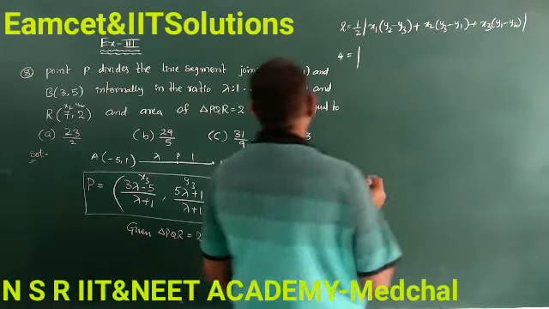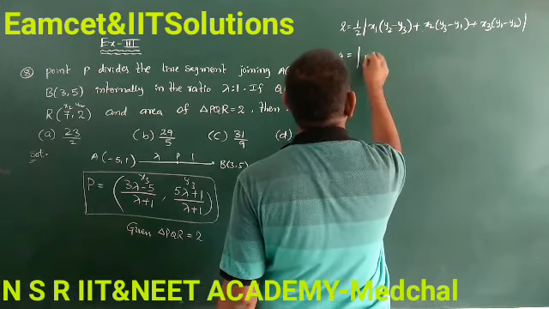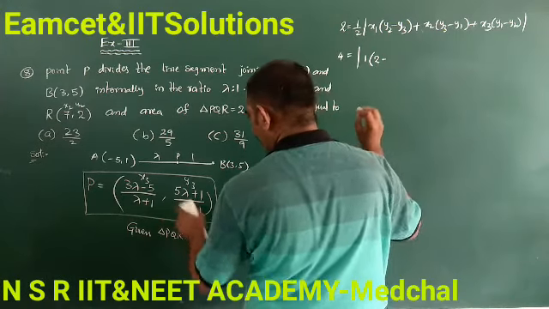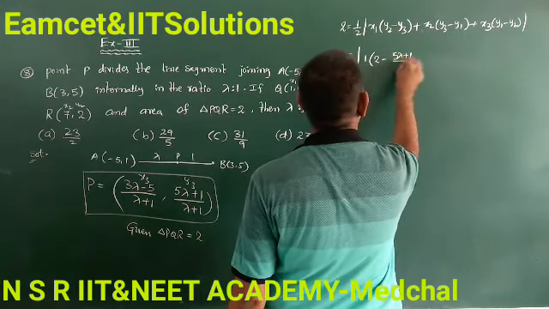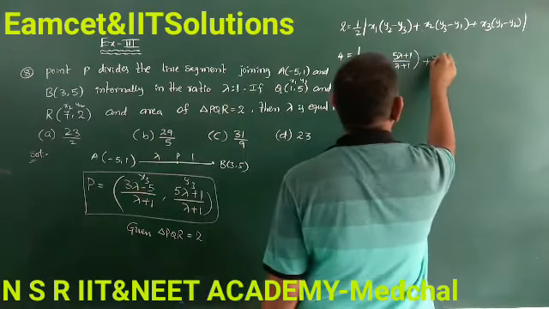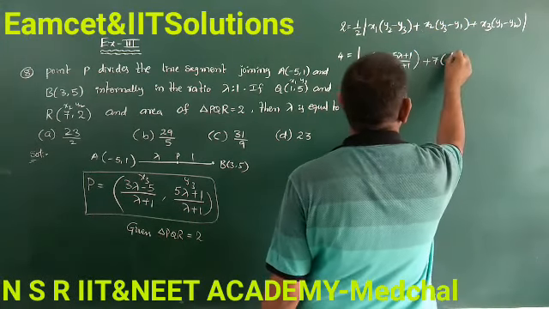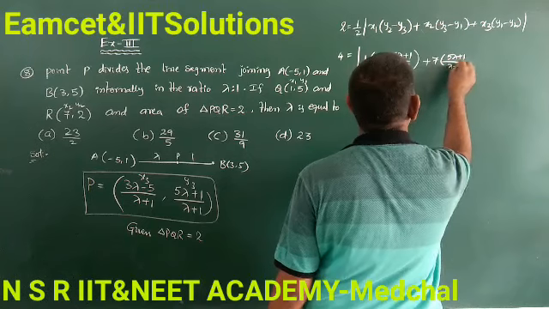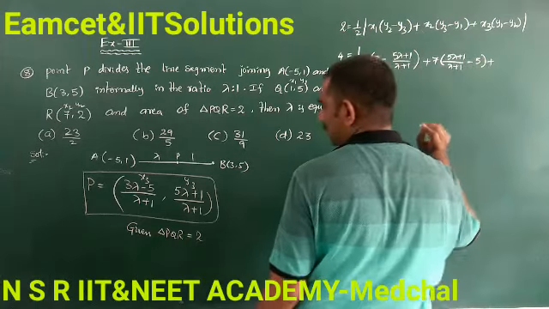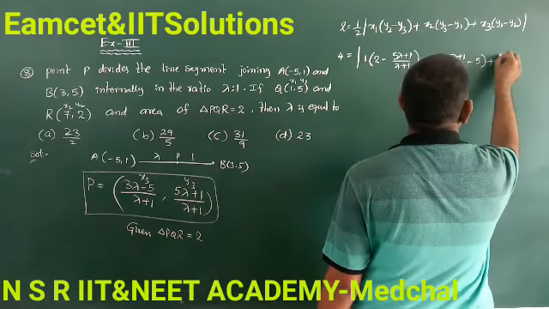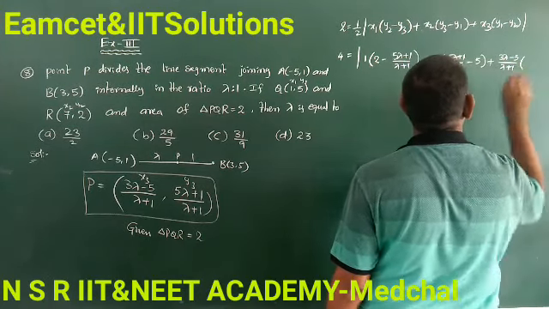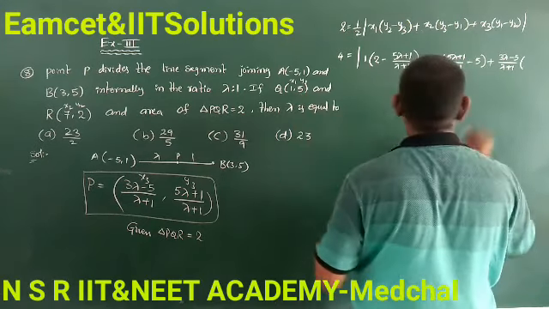Substitute here: x1 into (y2 minus y3). So y2 minus y3 value is 5 lambda plus 1 by lambda plus 1, plus x2, so x2 value 7 into (y3 minus y1), that is 5 lambda plus 1 by lambda plus 1 minus 5, plus x3, that is 3 lambda minus 5 by lambda plus 1, into (y1 minus y2), 5 minus 2.